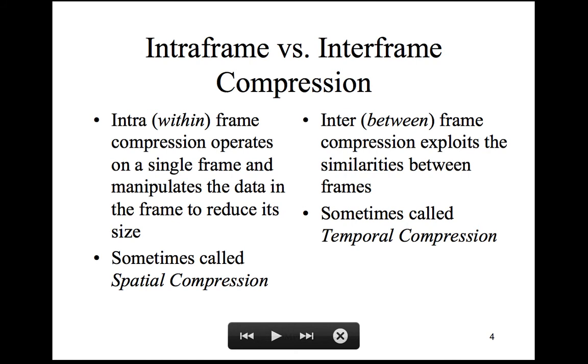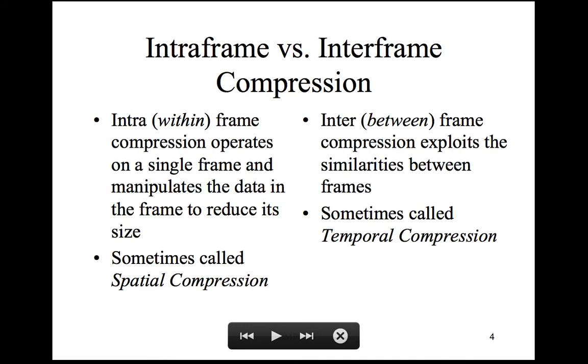So intra means within, so it's within the frame, and we sometimes call that spatial compression. So with intra-frame compression, you're taking a picture and you're compressing it. You're taking the next frame, you're compressing it, and so on.